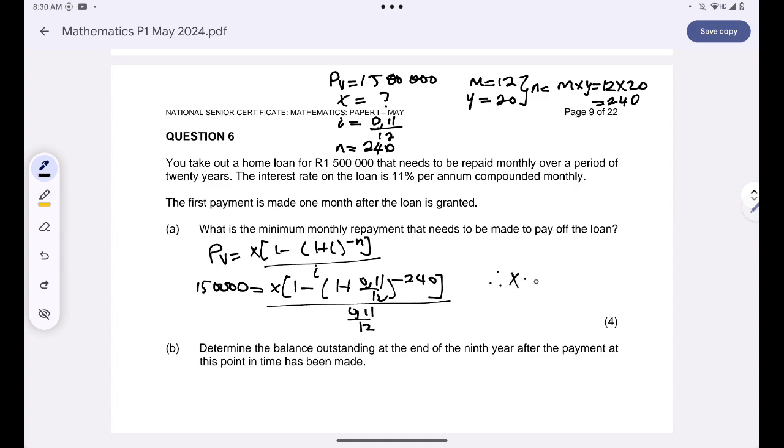So therefore X is equal to 1.5 million multiplied by 0.11 divided by 12 all over the bracket, which is 1 minus 1 plus 0.11 divided by 12 all raised to the power negative 240.